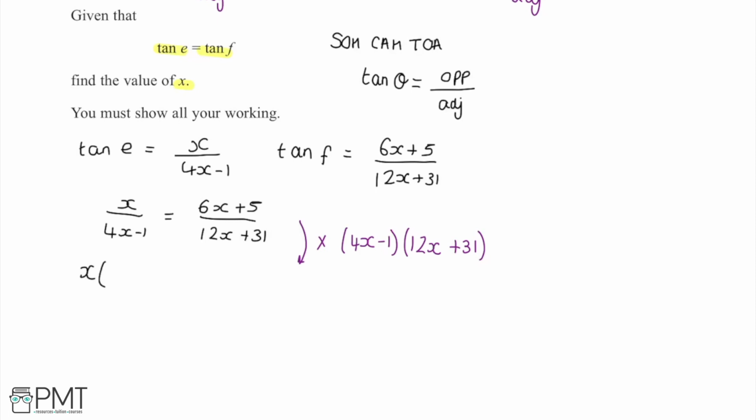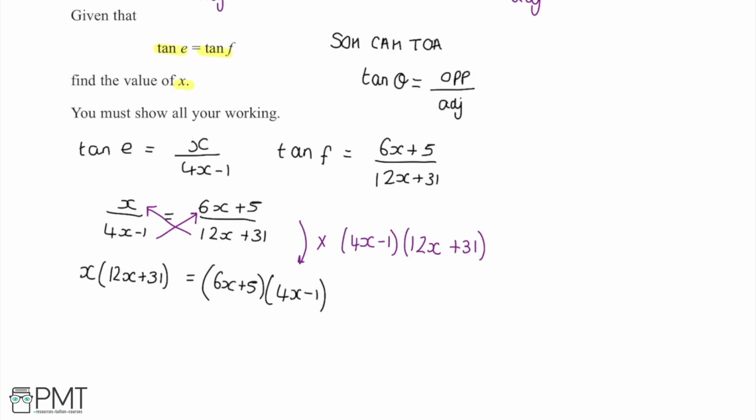So we have x lots of 12x plus 31, and that's going to be equal to 6x plus 5 multiplied by, again, 4x minus 1, and also 12x plus 31, but that cancels out with the denominator. So it's like we're cross-multiplying here: we're multiplying this by this and that by that, so there's a cross here.